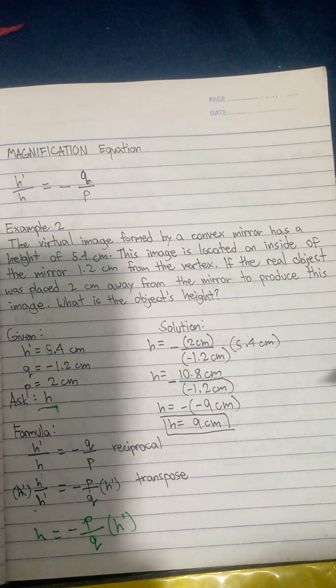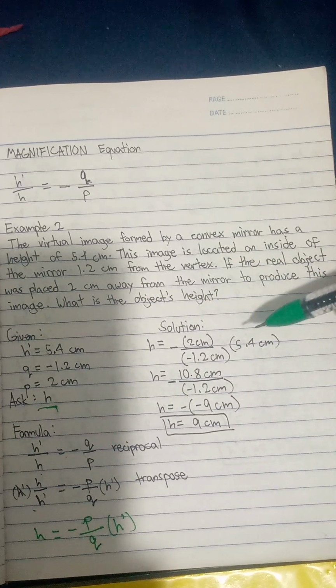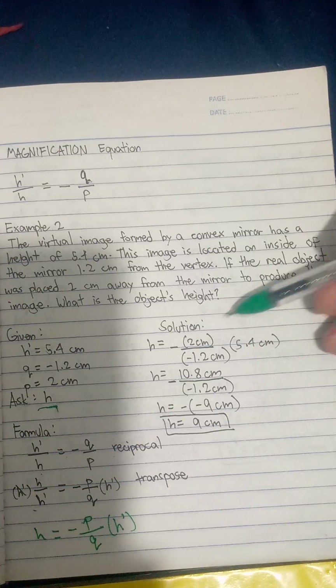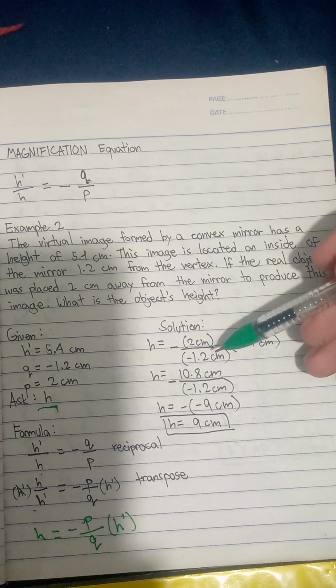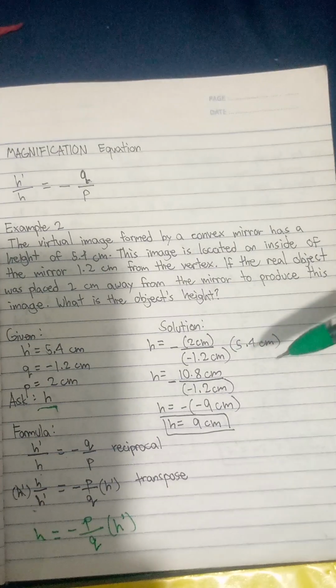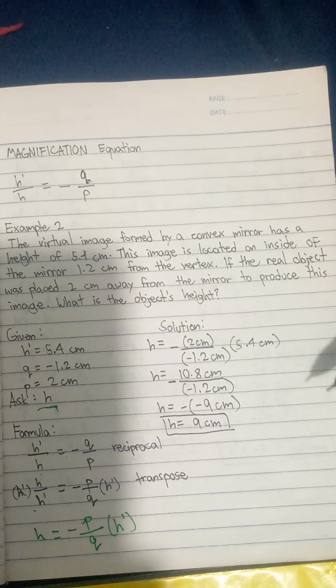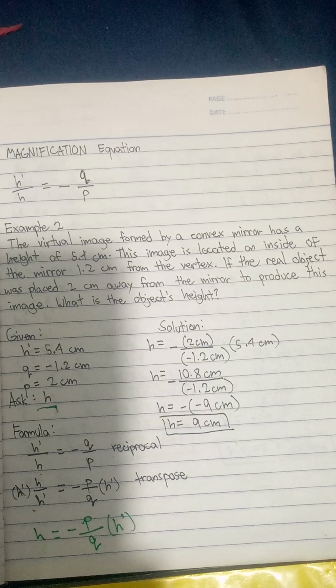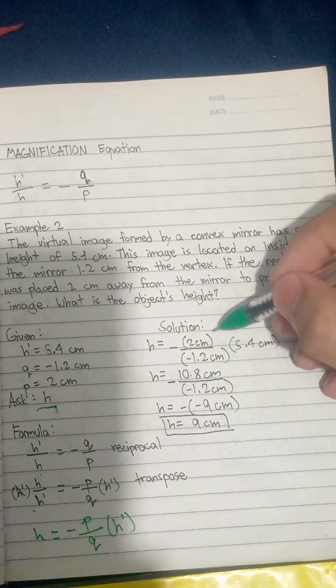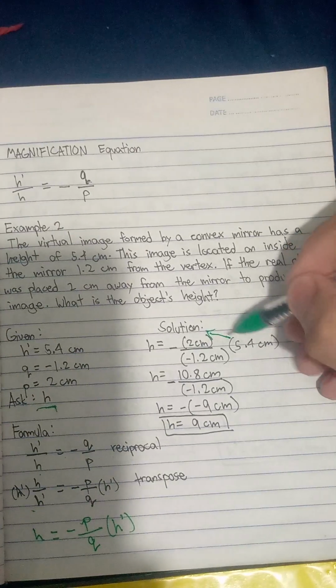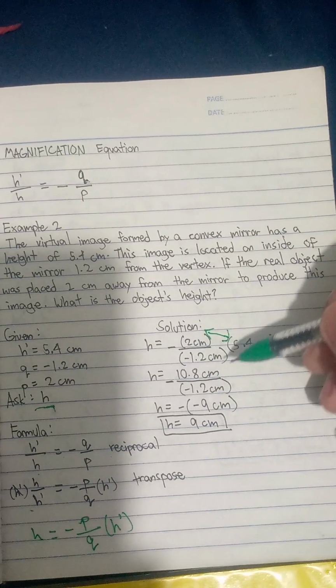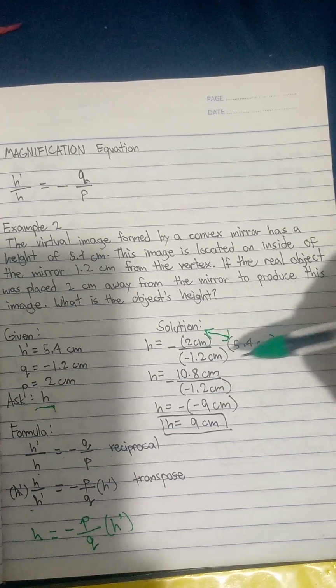Then let us solve by replacing the terms with values. h is equal to negative 2 centimeters over 1.2 centimeters times 5.4 centimeters. We multiply these two and we get 10.8 centimeters.